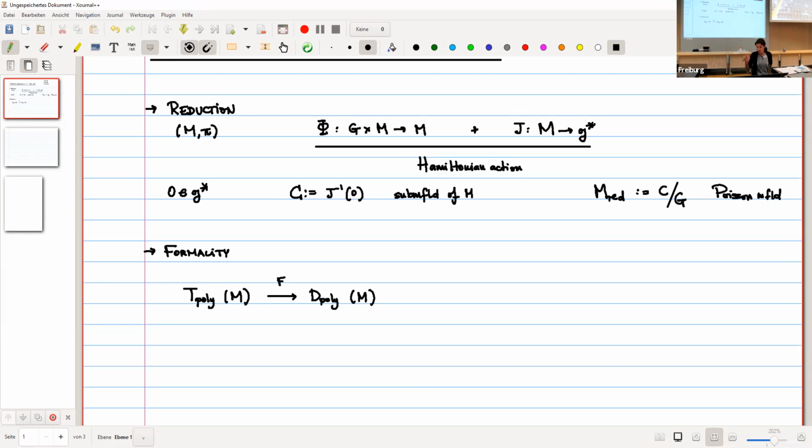It's not just a map, it's an L-infinity quasi-isomorphism, which is nice because, maybe you don't know what quasi-isomorphism means in this setting, but what I can tell you is that this property means that you have what you want. We have that every Poisson manifold admits a canonical quantization.